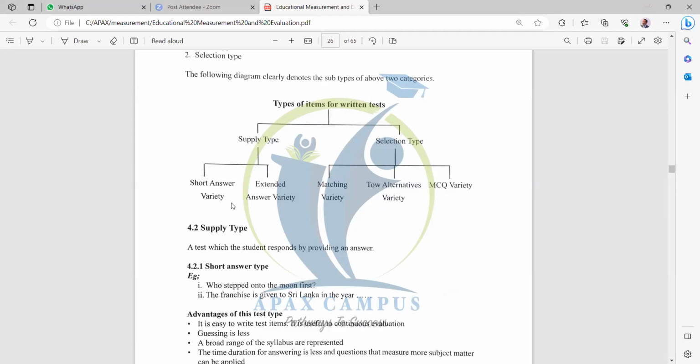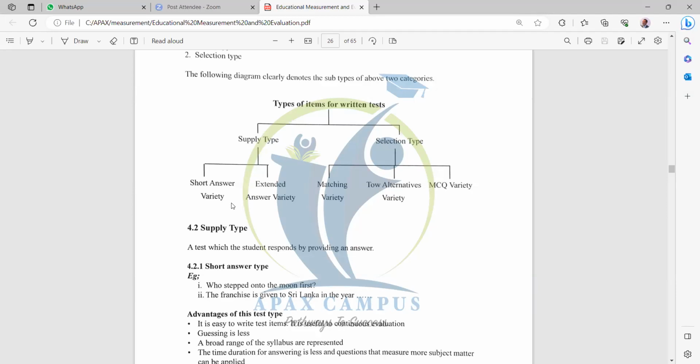In the extended answer variety, you have to write long answers. So that's where we find the examples for extended answer supply type questions, essay type questions. If the paper asks you to write an essay, write an article, write a story, write a brief description, or write a letter, formal or informal letter, all are extended answer variety.